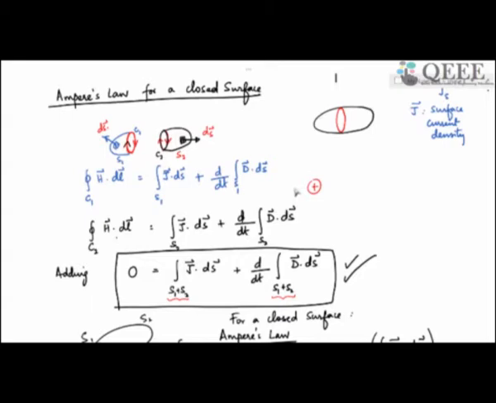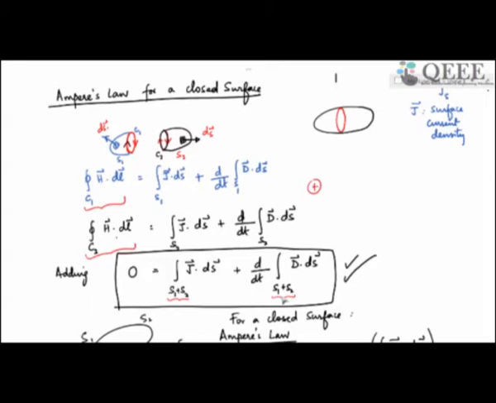But when I add the left sides, you see the contour of the left hand side piece and the right side piece are in opposite direction, which means whatever is the result of this integral would be negative of that. So if I add the left side, it is going to be 0. Okay. So which is why I get a kind of continuity equation from applying Ampere's law on a closed surface.